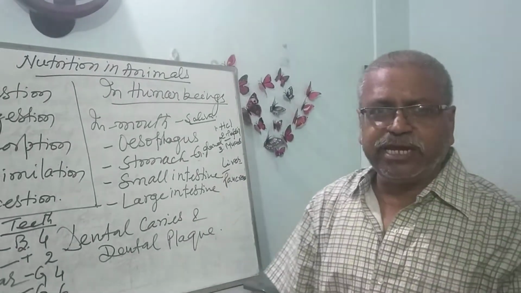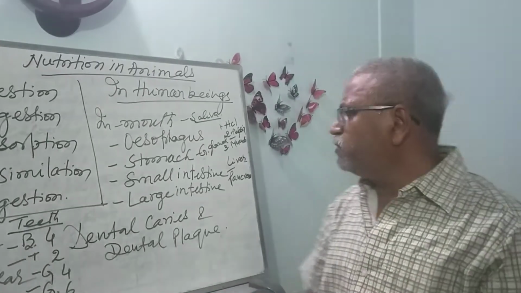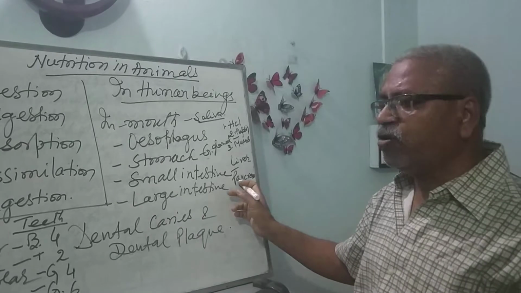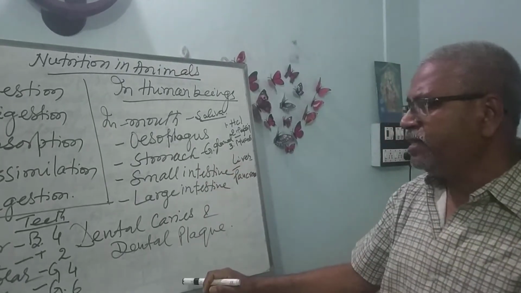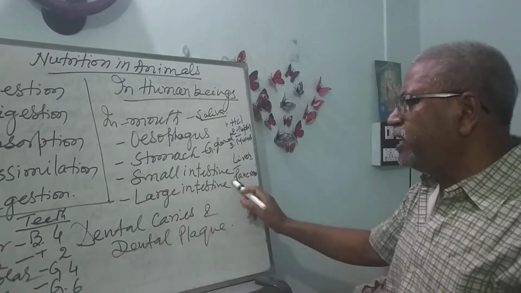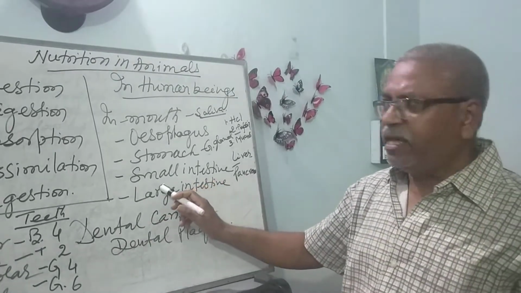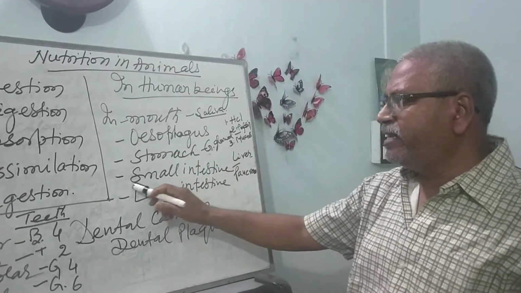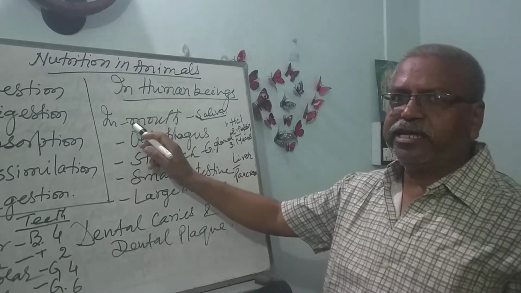Trypsin converts protein into simpler peptone form and amino acid forms, and lipase acts on the emulsified fat. Thus, digestion is completed in the small intestine, which started in the mouth.